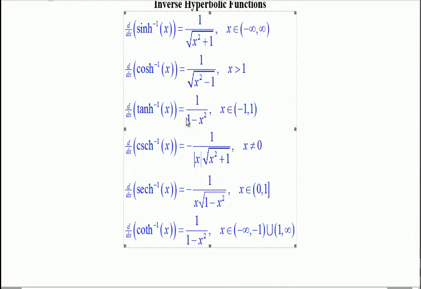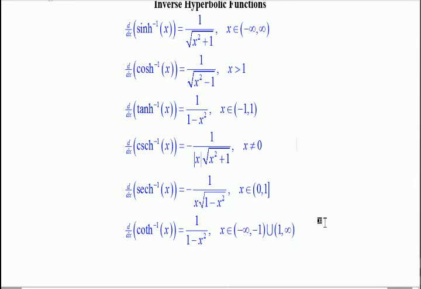Notice that the inverse hyperbolic tangent and inverse hyperbolic cotangent have the same derivative formula, but completely different places where they're defined. Non-overlapping spots here. Inverse hyperbolic tangent is defined between the asymptotes, and this is on the outer side of both asymptotes down here.